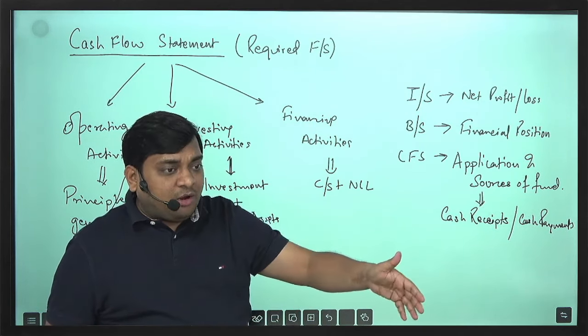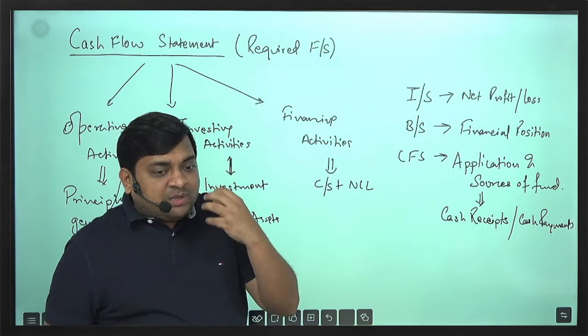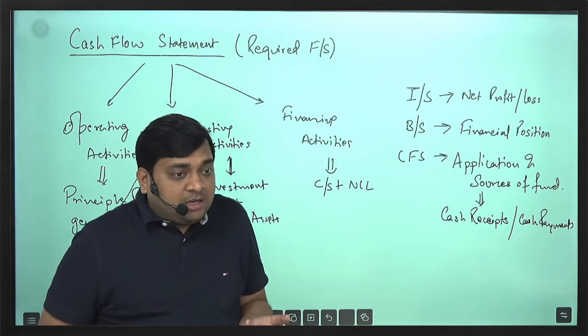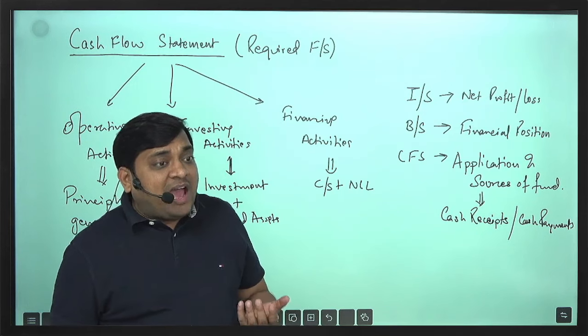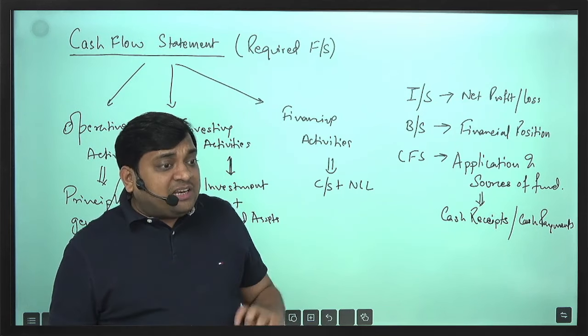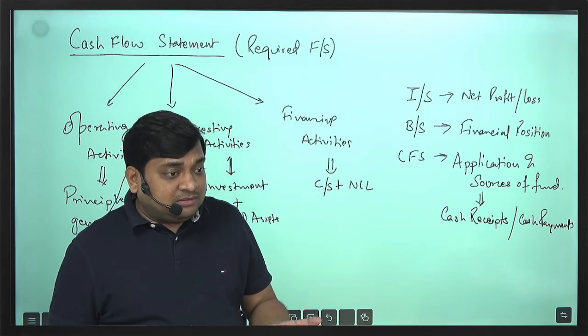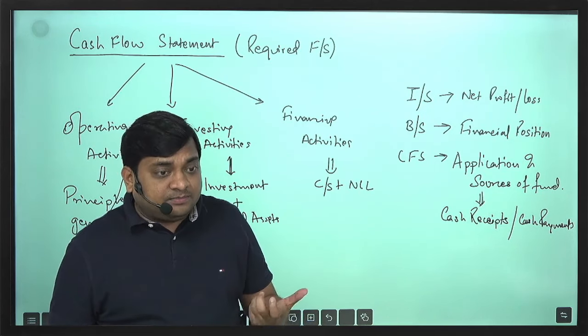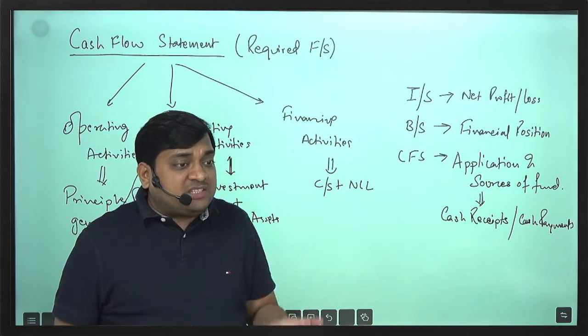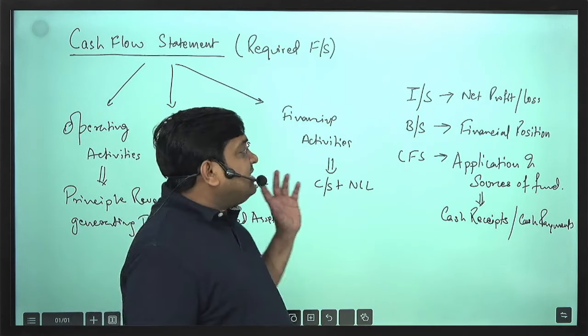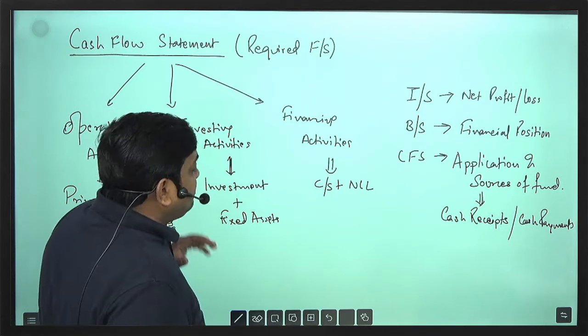I'll come to that later on. But cash means, suppose I had cash of say $50,000. At the end of the year I have cash of say $75,000. So there is an increase in cash of 25,000. From where did I get it? What is the source of this increase in cash, right? So basically this cash flow statement is prepared to identify the changes in cash and cash equivalents, right?